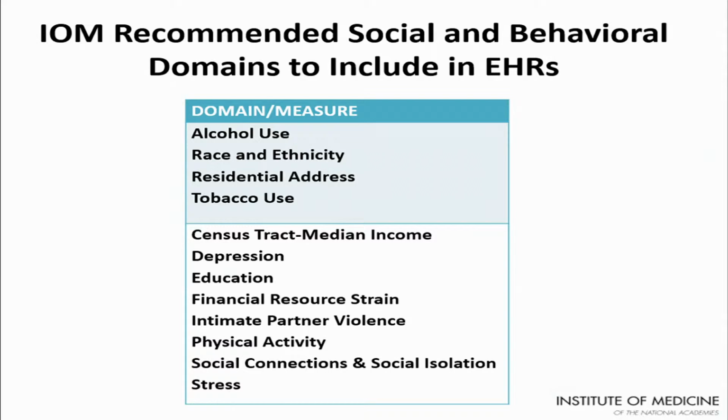Listed here are some of the domains this committee recommended to include in all electronic health records across the United States. And you'll see that for the first time ever, they're recommending that we collect information on education and on individual financial resource strain, on neighborhood level income as well.